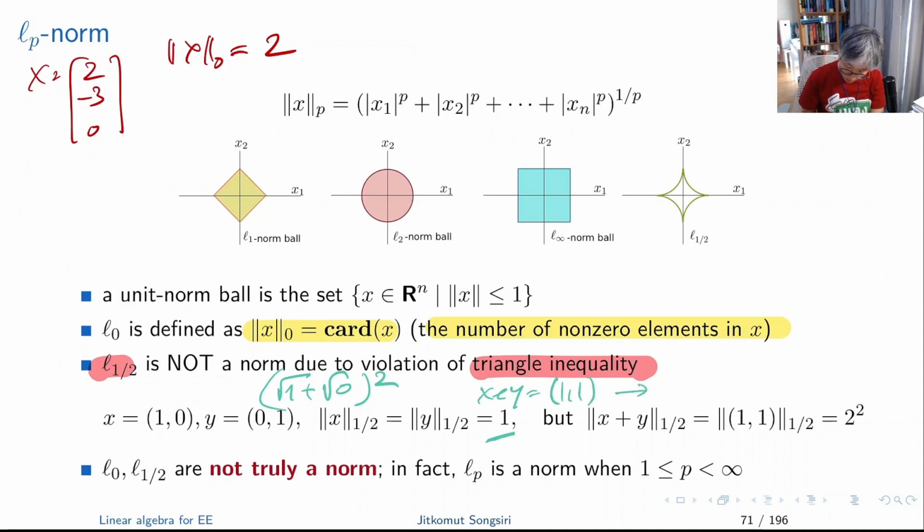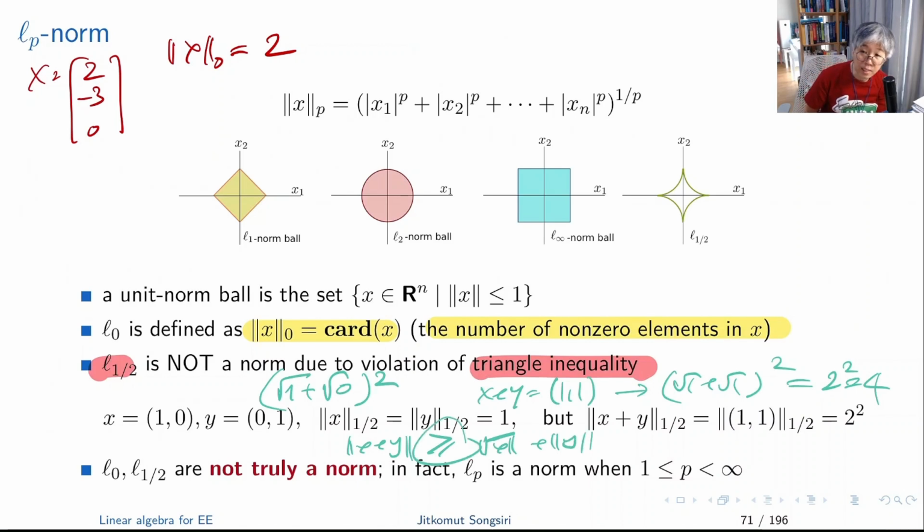So its p norm is the square root of 1 plus the square root of 1, and then squared. That is 2 squared, which is 4. So the norm of x plus y turns out to be bigger than the norm of x plus the norm of y. So it doesn't satisfy the triangle inequality.